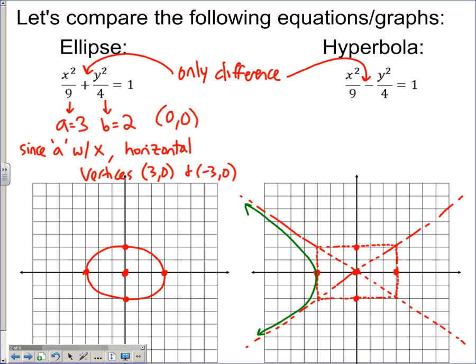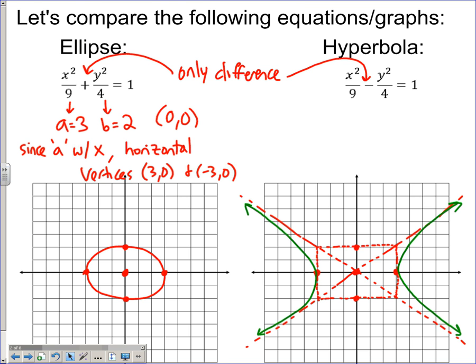Okay, so starting at those vertices, we make a nice curve that approaches the asymptote. And that's a hyperbola. What's graphed in green is the hyperbola. So we have the same center. Our a and b values determine that little AB box, that rectangle, and then we can graph our curve accordingly.